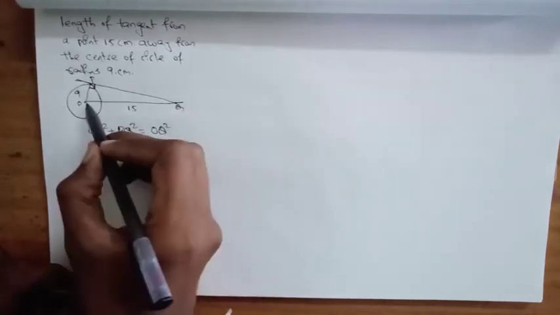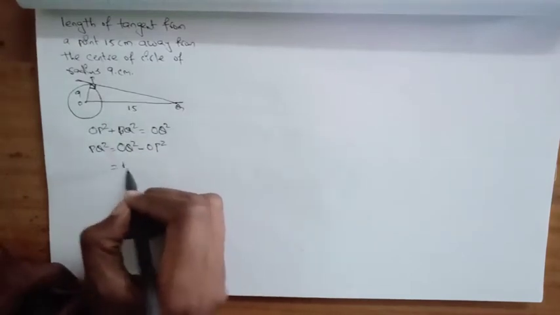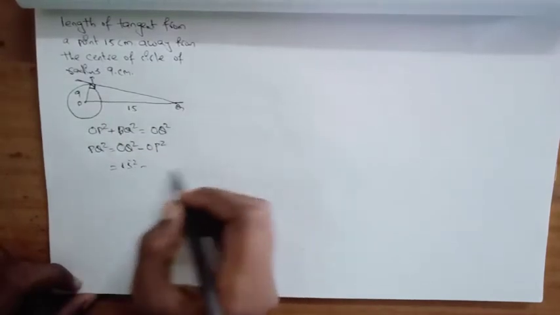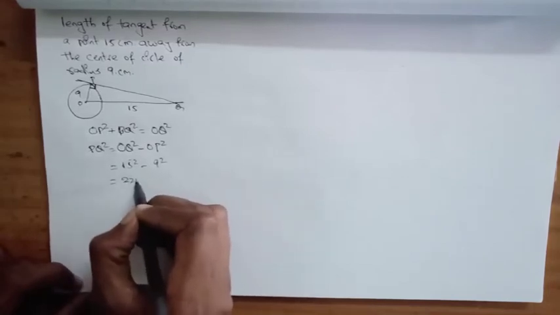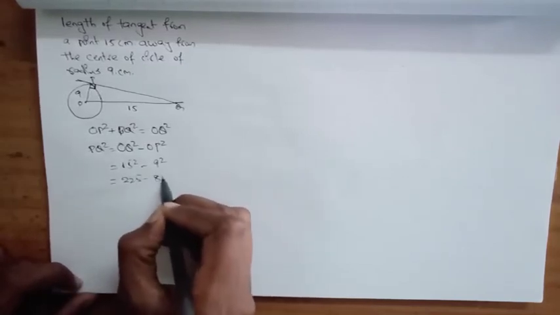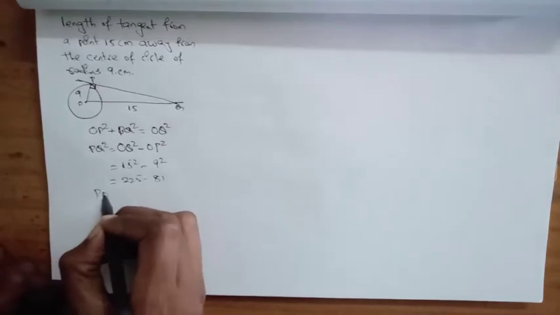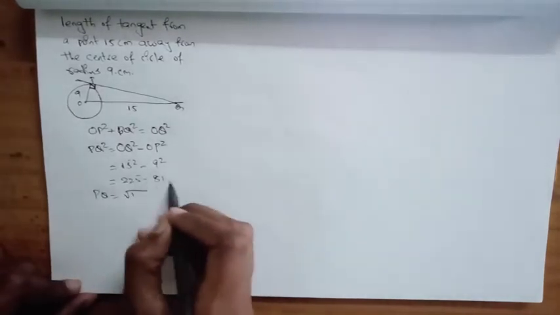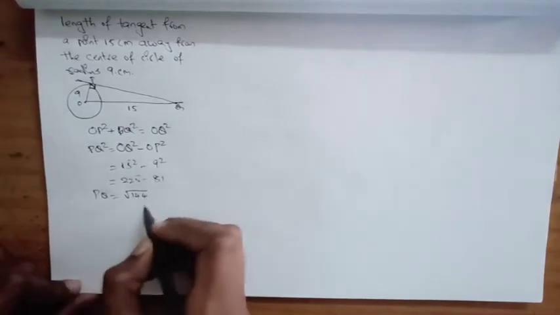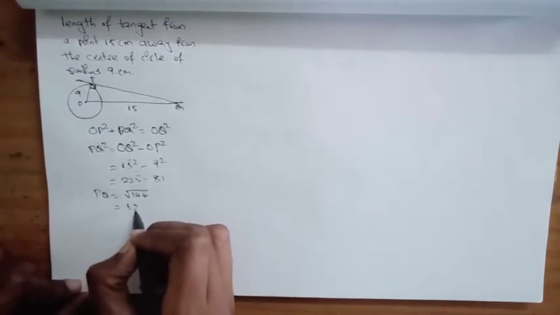The value of OP is 15. It becomes 15 square minus 9 square. 15 square is 225 and 9 square is 81. So PQ equals the square root of 225 minus 81, which is 144. So that means PQ equals 12 centimeters.